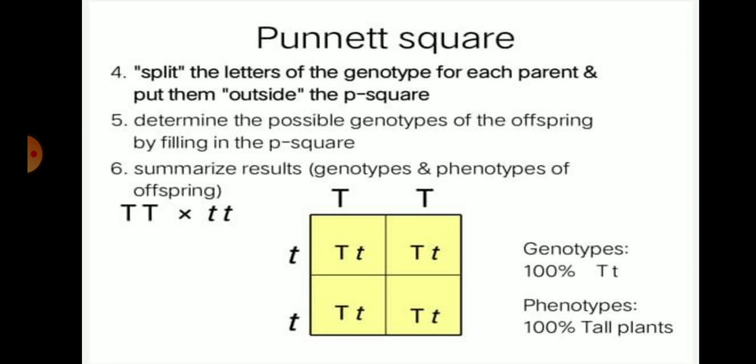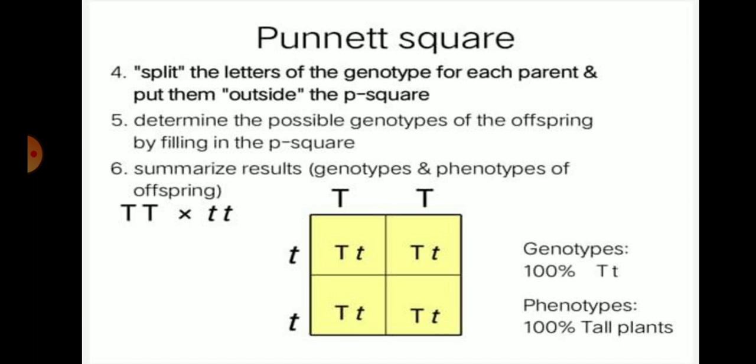Capital T shows tall height, whereas small t shows dwarf height. But the phenotype of all plants is 100% tall, because capital T hides the expression of small t, which is the recessive allele for dwarf plants.